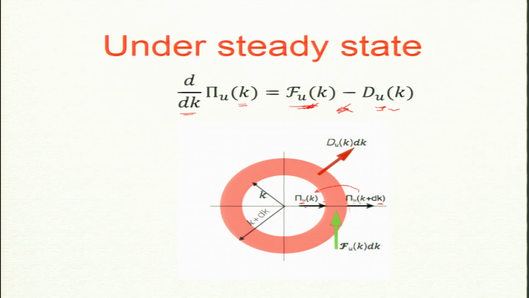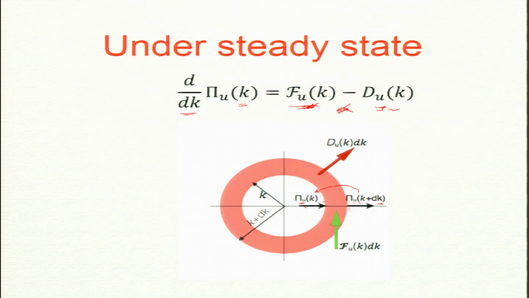Yes. But no. You should treat it as following: F_u and D_u are cause, they are causing things, and Π is an effect. Π is coming from nonlinear things. So, cause and effect. The right hand side is the source, the left hand side is like my variable.